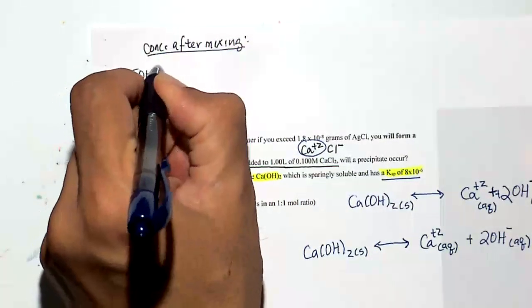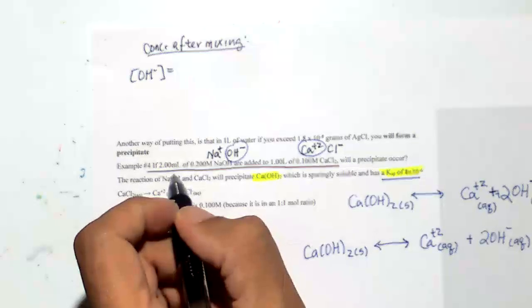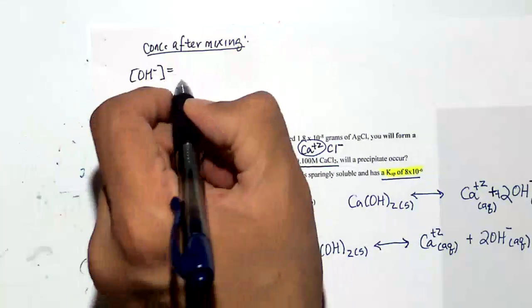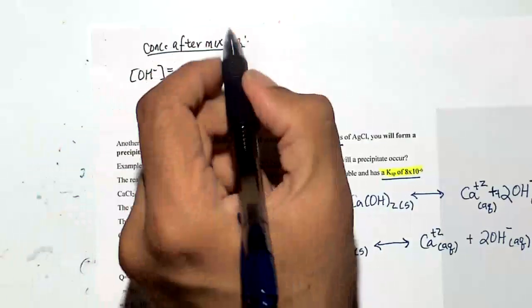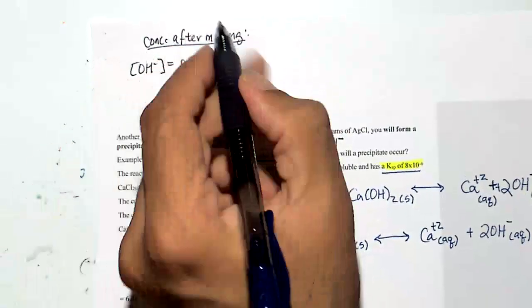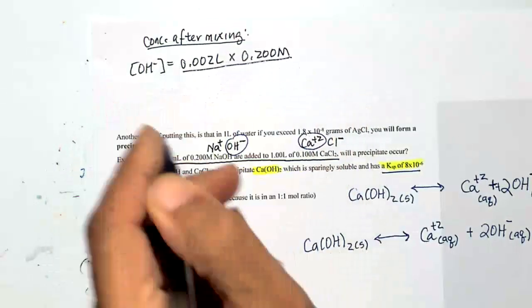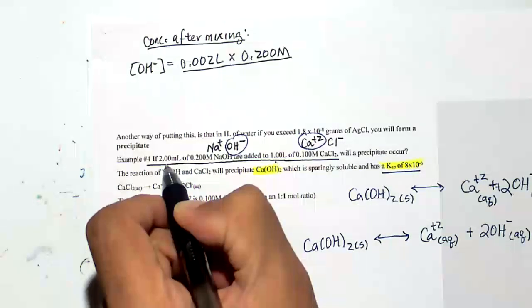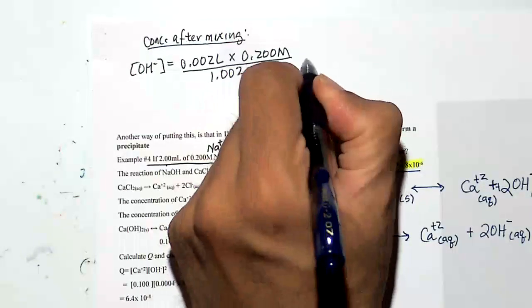We'll first do OH minus. We have 2 mils, and I'm going to convert that to liters, so divided by 1,000: 0.002 liters times 0.2 molar. And what's our total volume? 1 liter plus 0.002 liters is 1.002 liters.